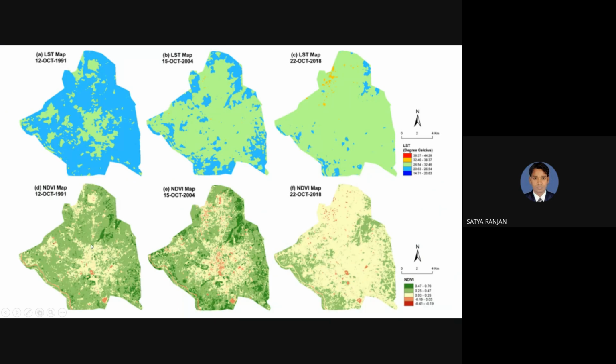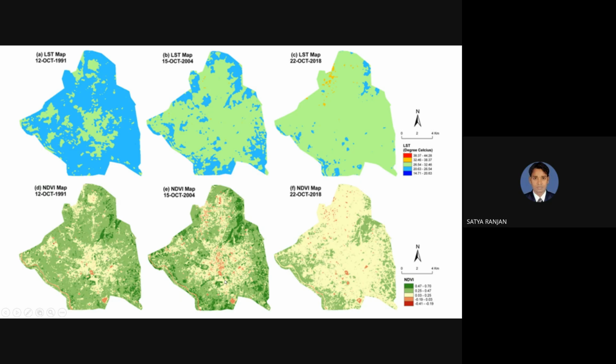So this is one estimation of vegetation differences in different years. In 1991, in a particular area, there is an urban area, and near this urban area there is a forest area. So this is the situation in 1991.